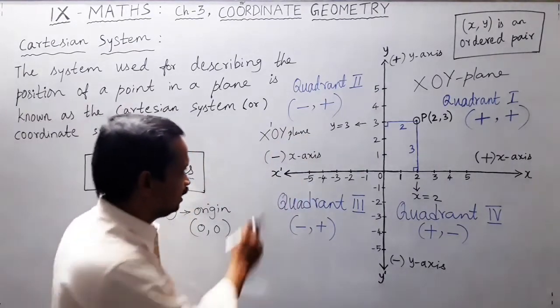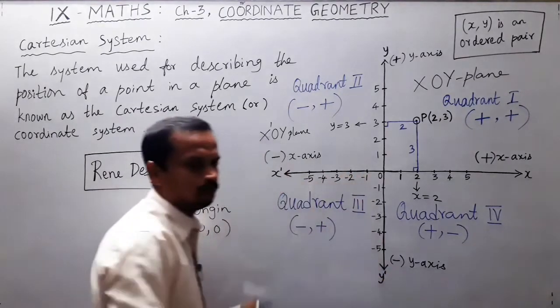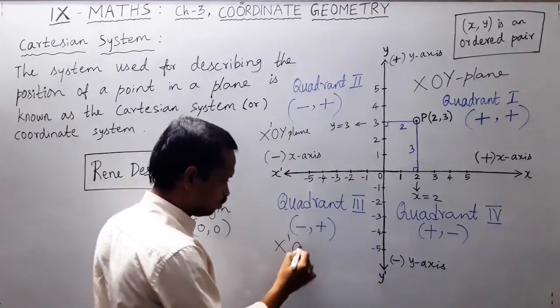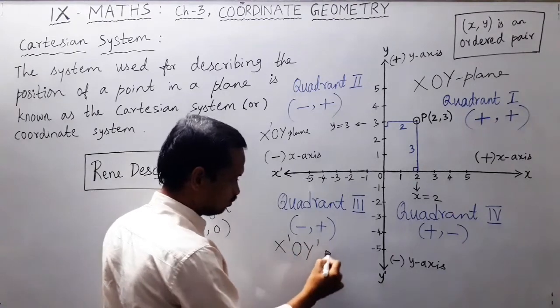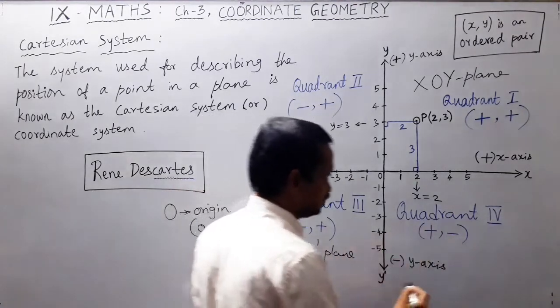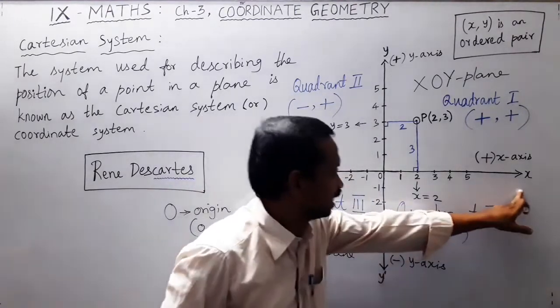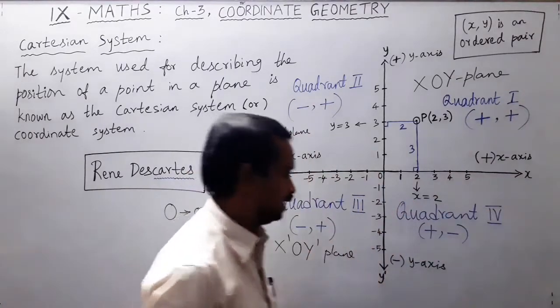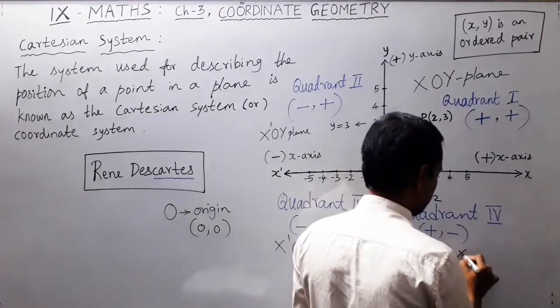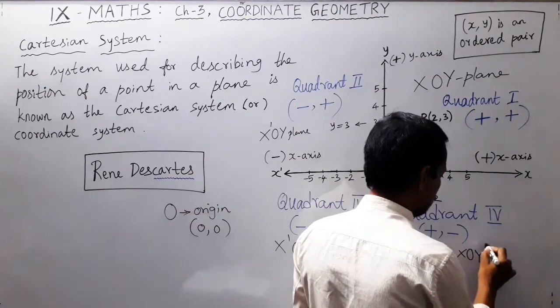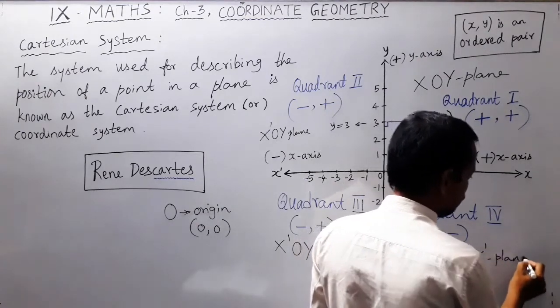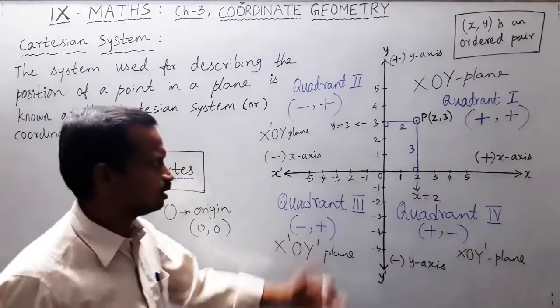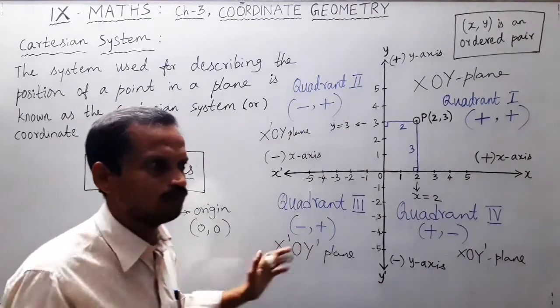And this is x dash, o, y dash plane. And this is nothing but the x, o, y dash plane. So just like that we can commonly say xy plane.